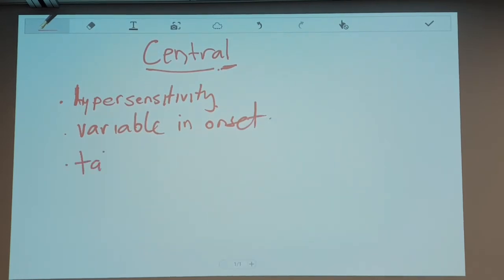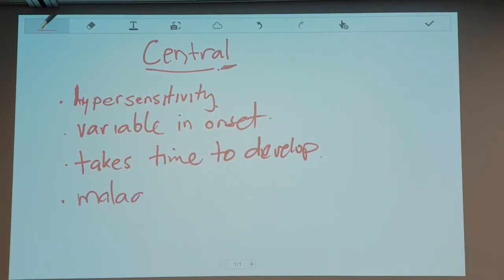It takes time to develop. It's maladaptive. Okay, maladaptive as opposed to adaptive.